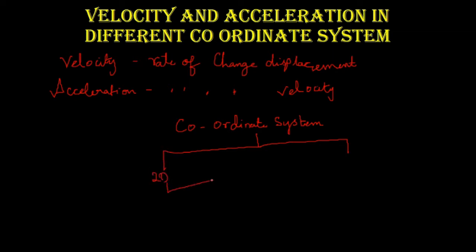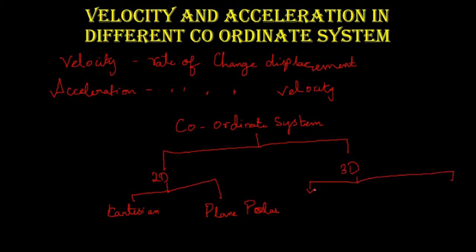In two dimensions, we will have two types. One is the Cartesian system and the other is plane polar. And one more is three-dimensional. In three dimensions, we have three types.